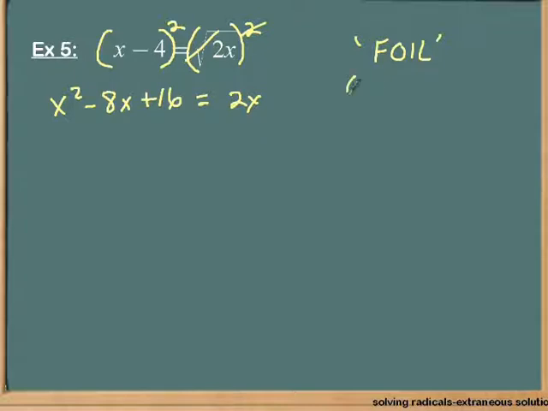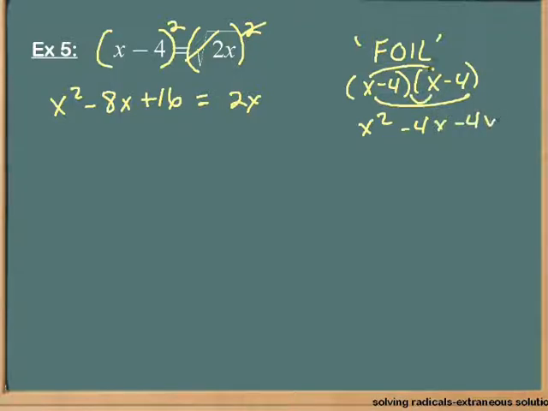So once again, I have to FOIL that x minus 4, and that means that I have to F, O, I, and L. Combining like terms, I get x squared minus 8x plus 16.